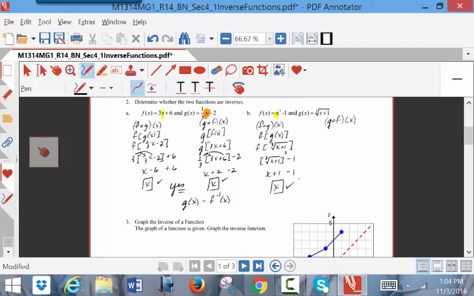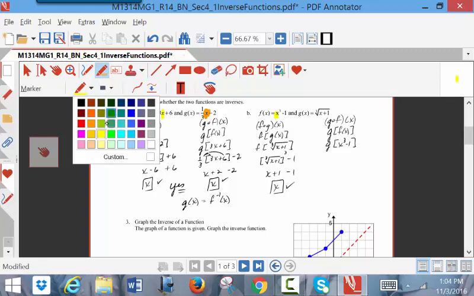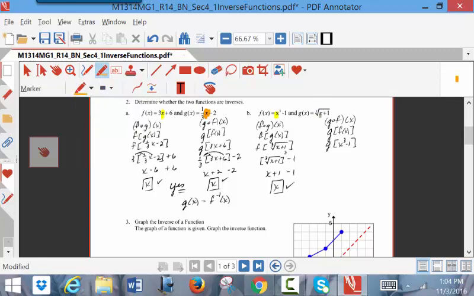Now the other one has to do the same thing to equal x. So here we go to the g of f of x. G of f of x, which will be g of, what in the world is f of x? It is x cubed minus 1. Now go to your g function, and wherever the x is in the g function, you're going to put the stuff which is in the square brackets.